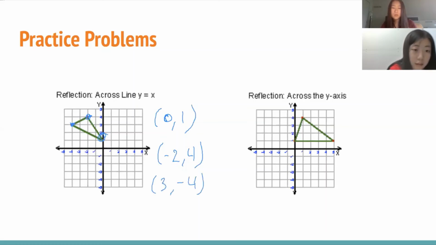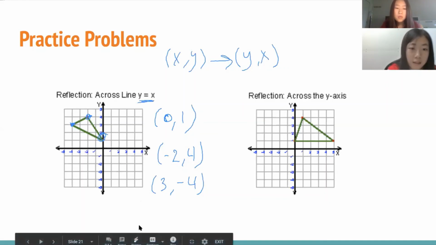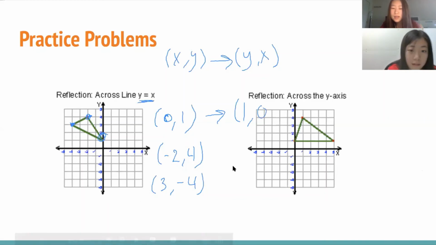Now this is reflected over the line y equals x. And as you can remember from the previous slide, when you reflect over y equals x, you have to switch the positions. So it will be y, x. So you just have to switch it. Wait, I think the last one should be -4, 3. Oh, sorry.